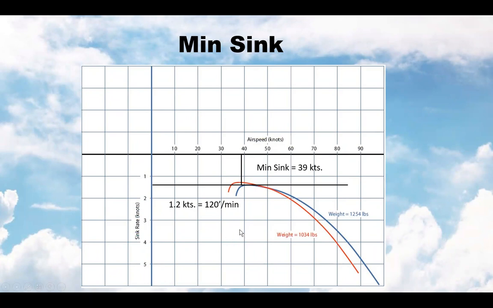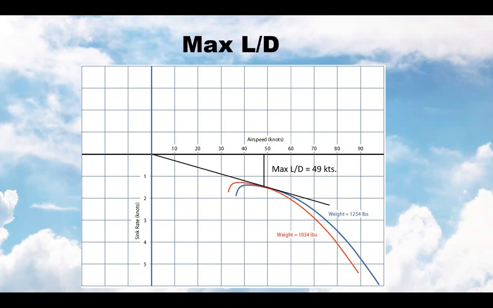So that's 120 feet per minute sink rate. If we go over to max L over D, then we draw a line from the center of the axis to a tangent on the blue line, and my drawing is not quite accurate enough, but it shows about 49 knots.